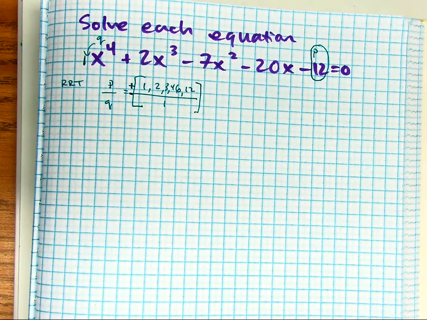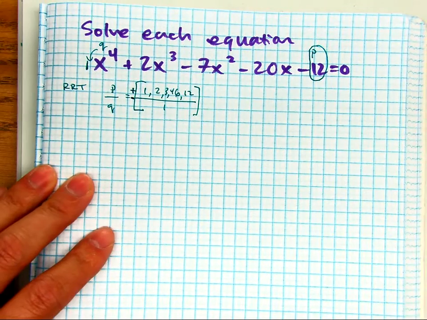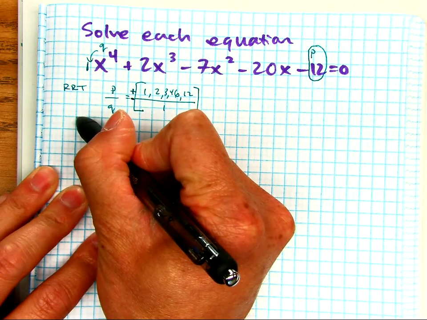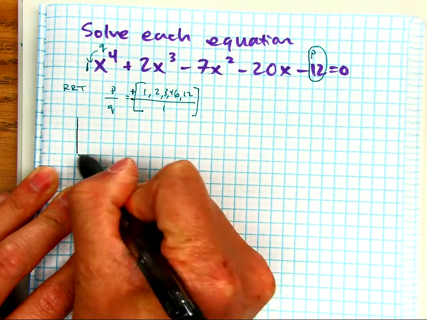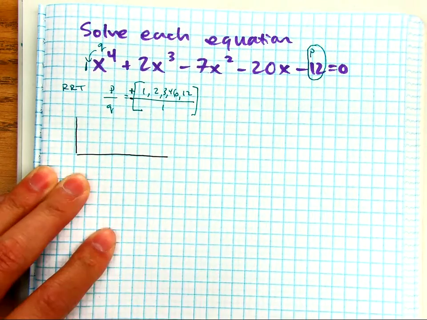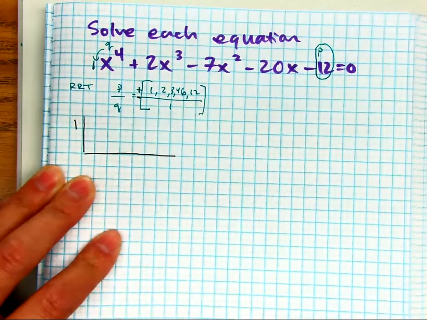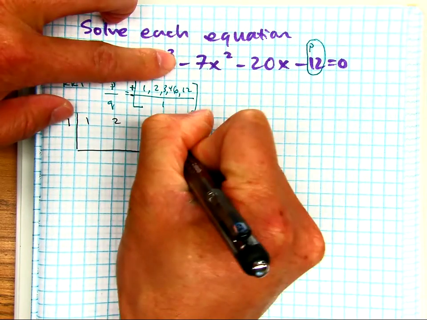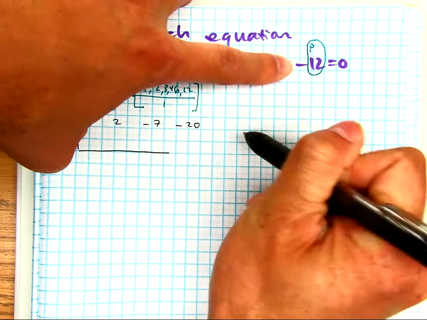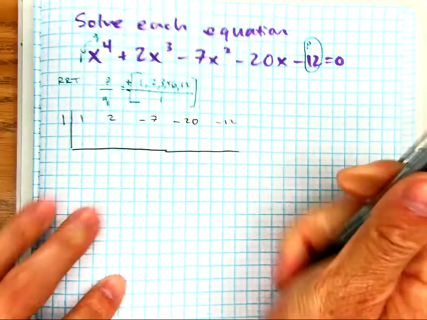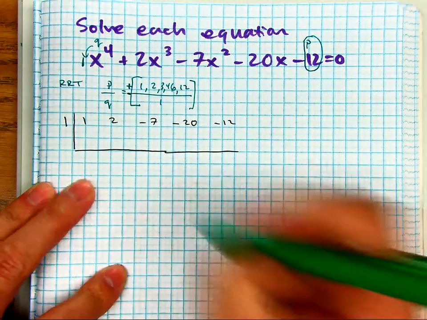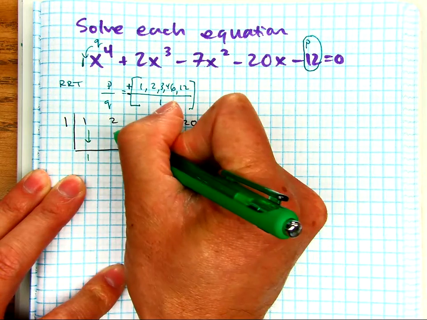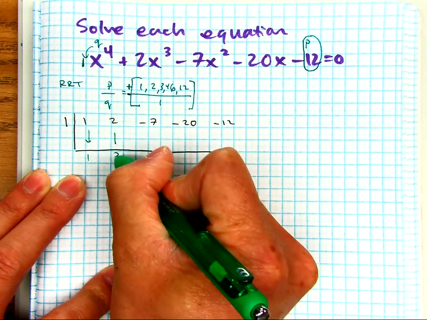Where do you guys want to start? Pick a number. Let's start with the smallest number. Let's start with 1. So I have the coefficients 1, 2, -7, -20, and -12. Bring this down, you get 1. 1 times 1 is 1. 2 plus 1 is 3.